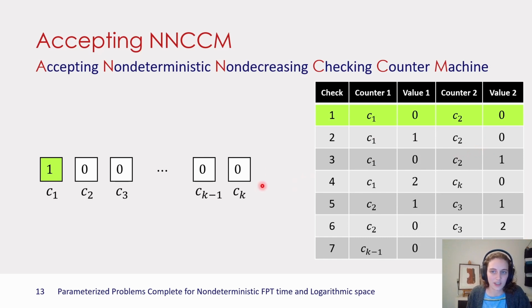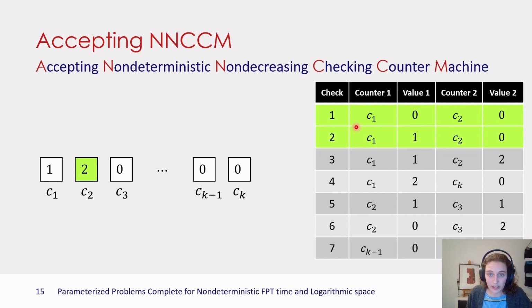In this case, I'm just going to increase C2 to value 2. So I can increase as much as I want in between these checks. I can even increase multiple counters. But every time I stop increasing counters, I go to the next check, and at least one of these things needs to not be equal to what it's saying.